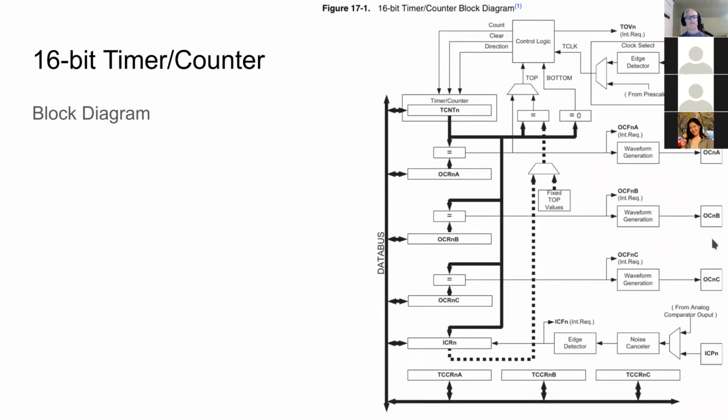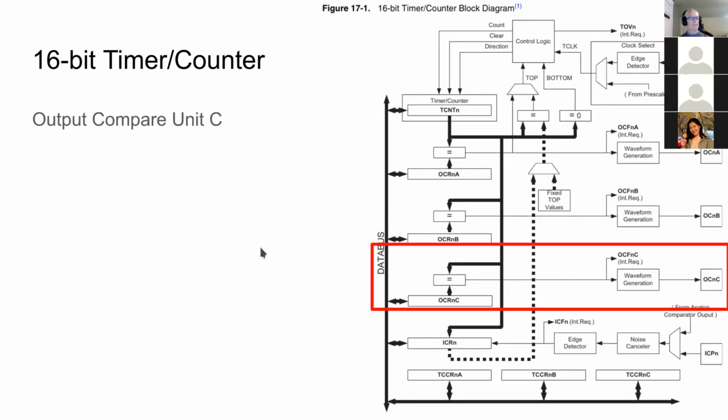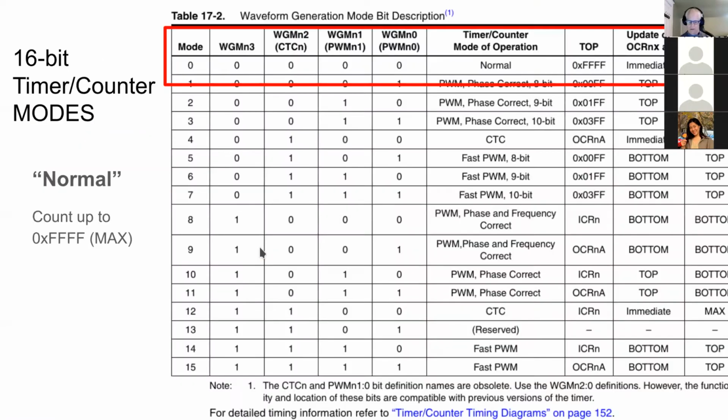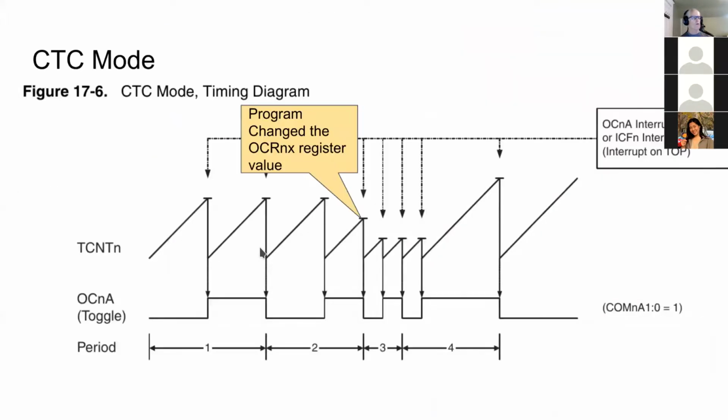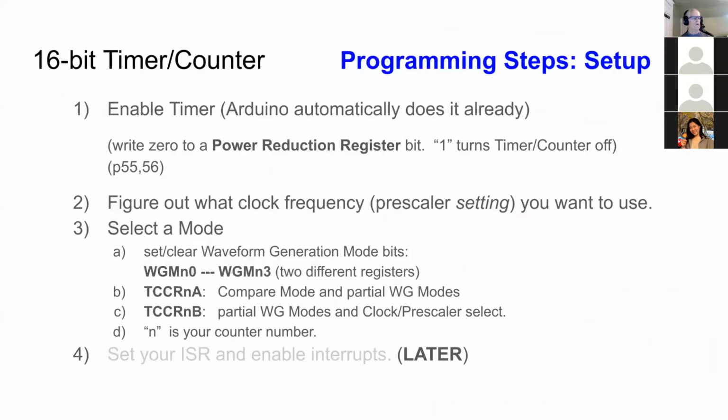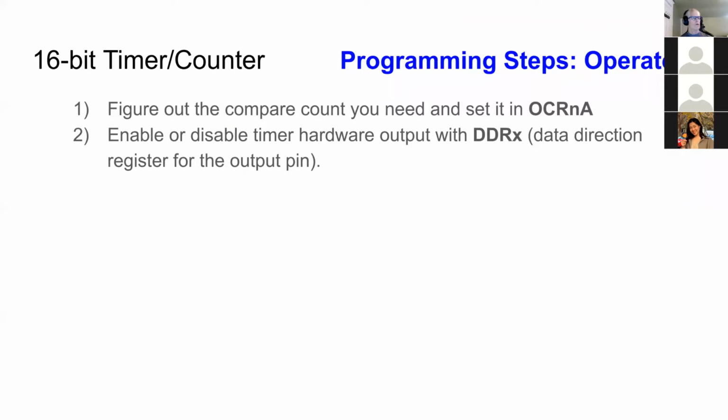So you're going to have to make sure that the output compare bit that you use to generate your waveform is enabled as an output. And that's it. So that allows you to turn on and off the output and change the frequency as you wish.